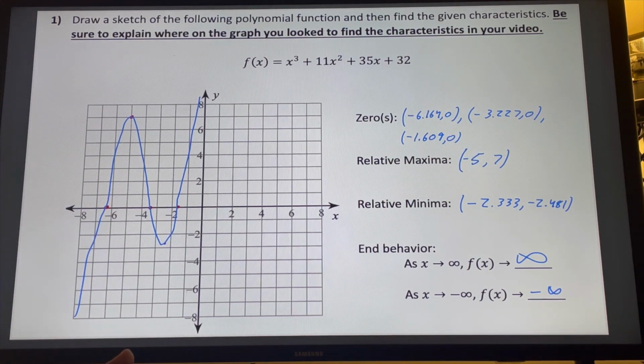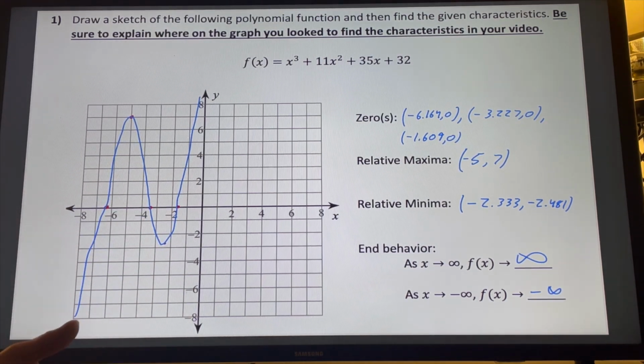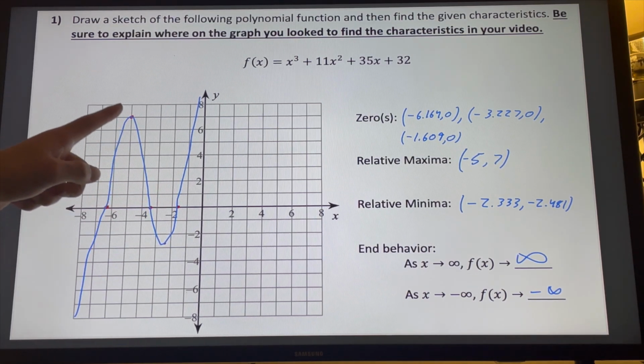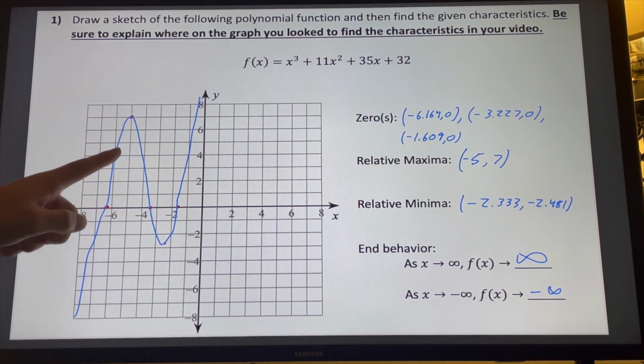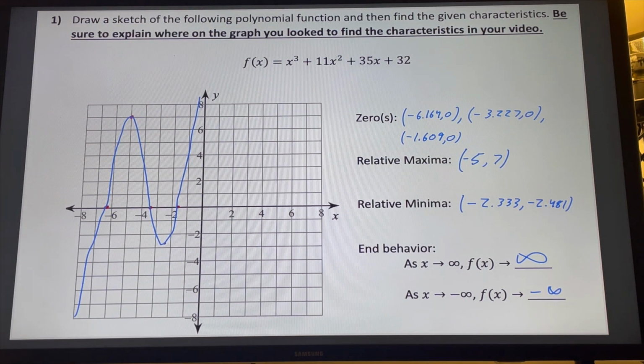So that is the end behavior. Just for now, here are our zeros and our relative maxima and our relative minima. So this is our graph. Now I'm going to break it down for you on that software.